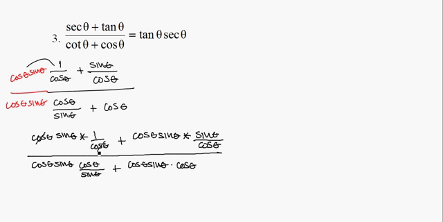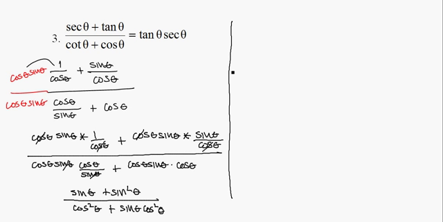So this cancels with this, this cancels with this, this cancels with this, and there's nothing happening here. So here I'm just left with sine theta plus sine squared theta all over cosine squared theta plus sine theta cosine squared theta.